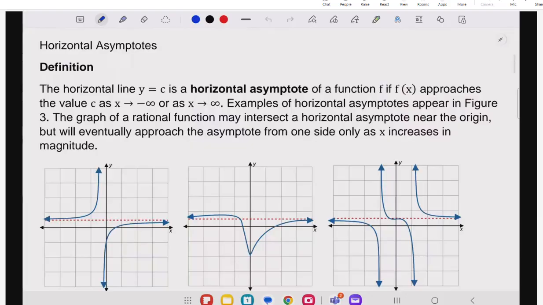The graph of a rational function may intersect a horizontal asymptote near the origin, but will eventually approach the asymptote from one side only as x increases in magnitude. So you can see in these pictures the horizontal asymptote serves as a boundary as x goes to negative infinity and as x goes to positive infinity. And then these other examples are pictures where it crosses over near the origin.